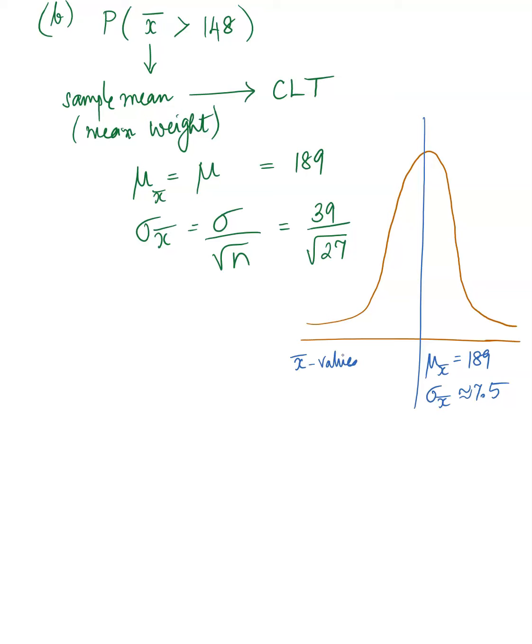Alright, so greater than 148. Here again I'm going to mark this at 148 and shade this region to the right of it. Here too I expect higher probability, because the area is going to be larger.